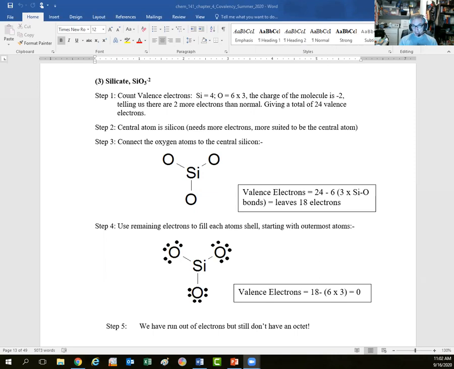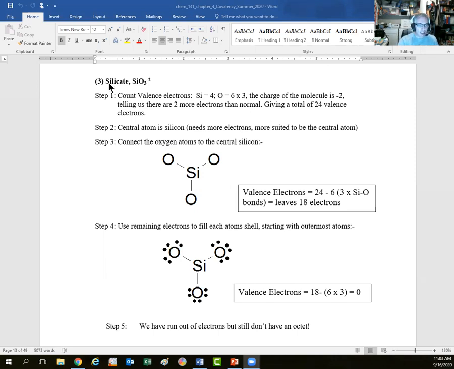Step 4 was starting to fill the octets with the electrons that we had left. And then 5, if we ran out of electrons but still had incomplete shells, then we could reimagine and redistribute those lone pair electrons as bonding pairs, but only if we still needed to complete the octets.